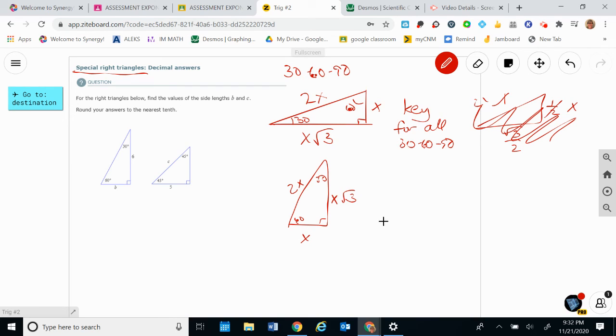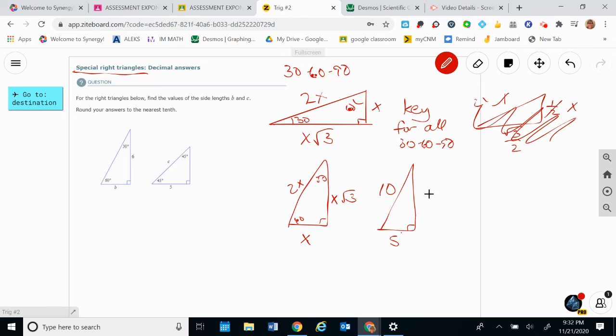Now let's say I give you a triangle, and it's 30, 60, 90, and it's oriented like this. And I tell you that the short side is 5. Well, guess what? If we know that x is equal to 5, we know that this side is 10 because it's twice x.